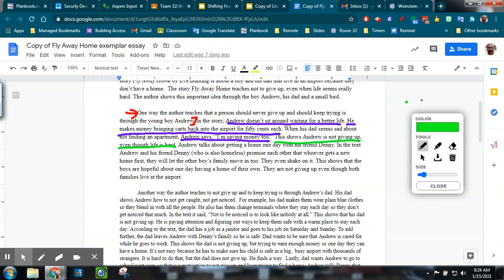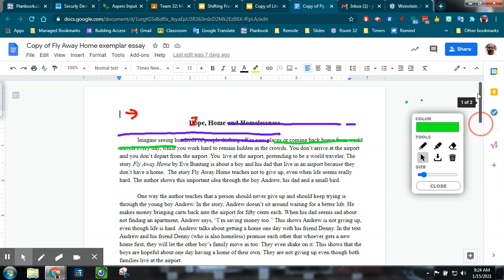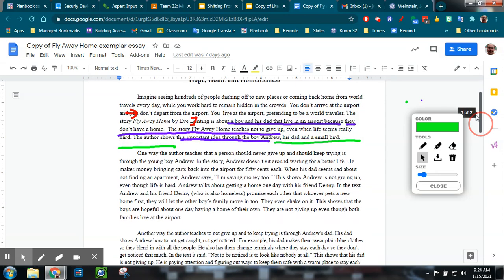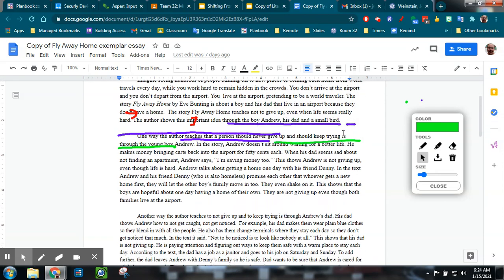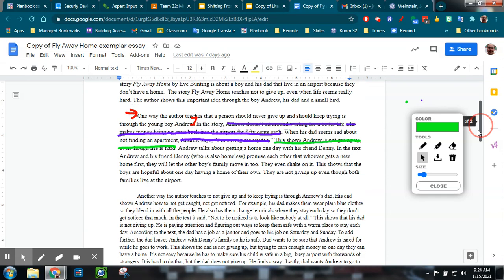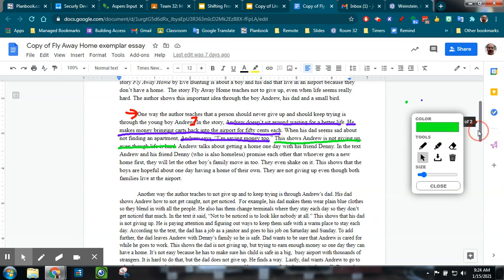And it also relates to my thesis, which teaches us not to give up, even when life seems really hard. So all of the evidence is in blue, and my explanation of it is in green. So now let's go back to the blue.